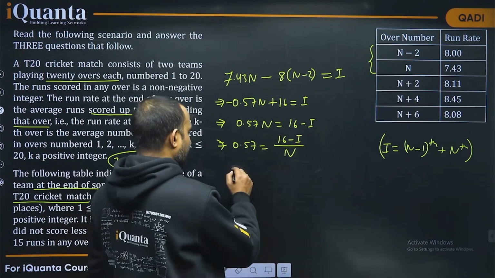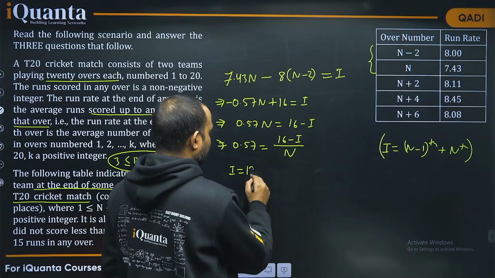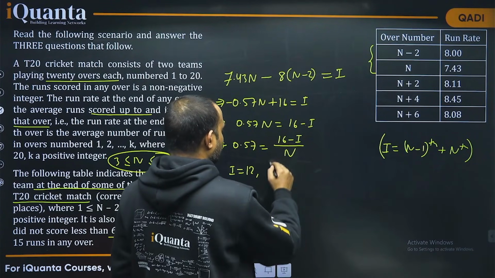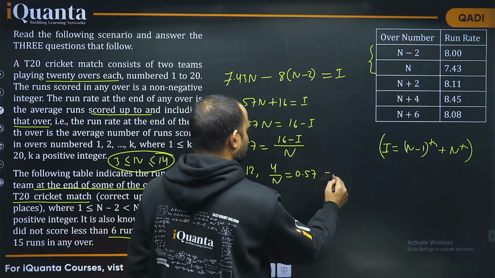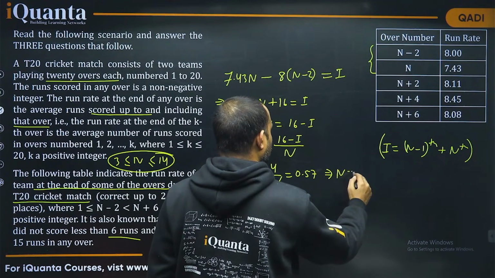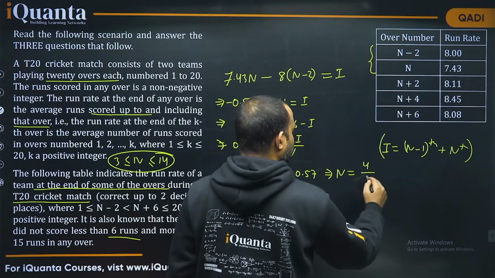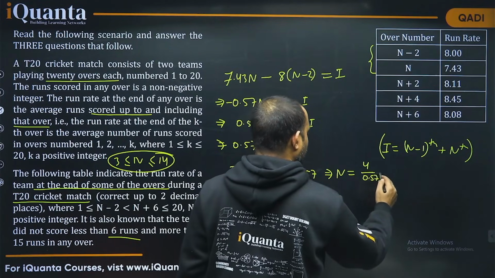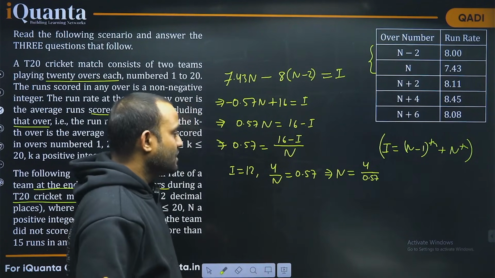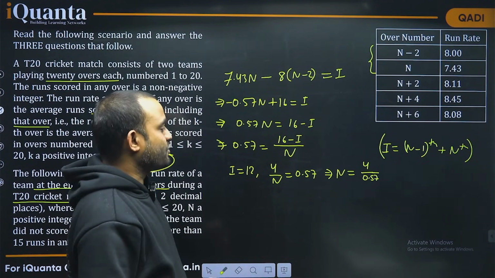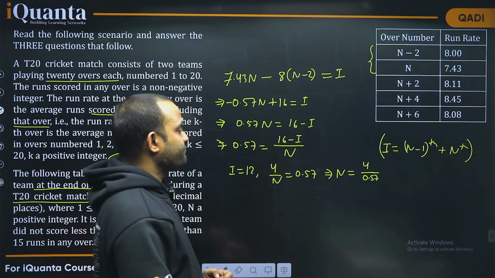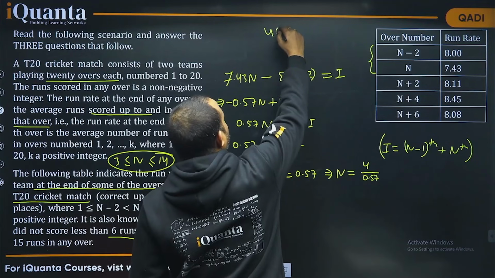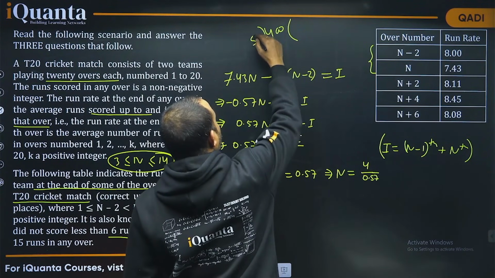If I take I is equal to 12, this will become 4, so 4 by n should be 0.57, or n should be equal to 4 upon 0.57. Now, if you think about this, what is this approximate value? 0.57, I am dividing this by 57.